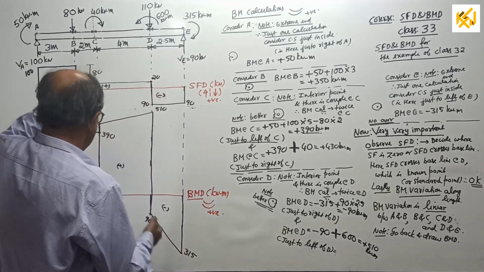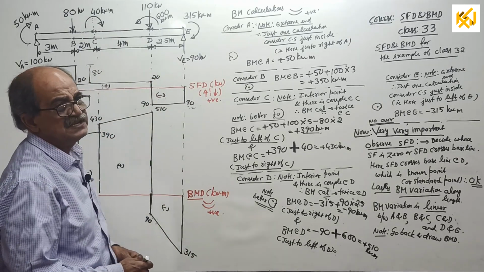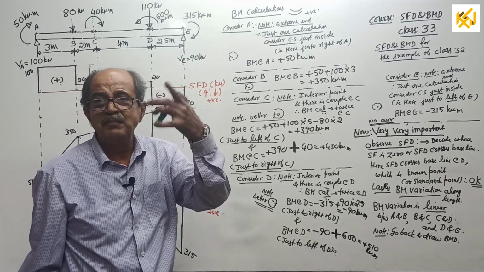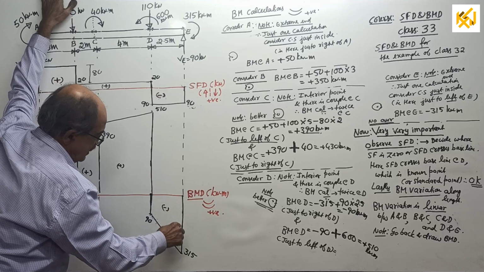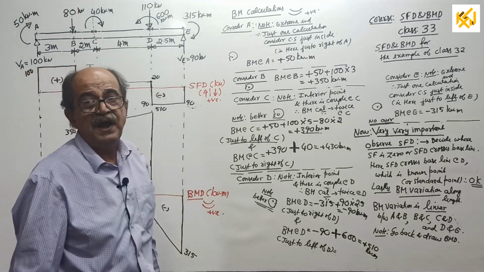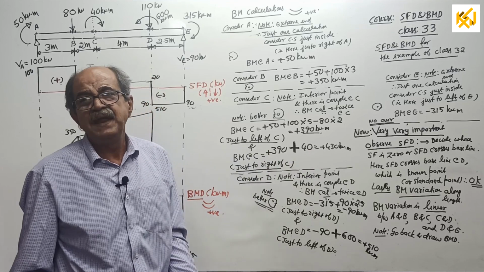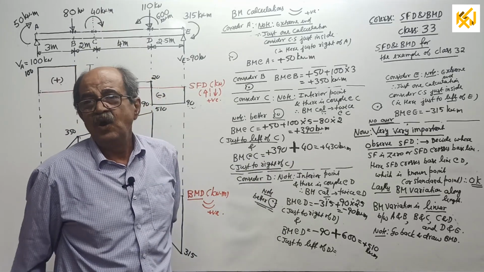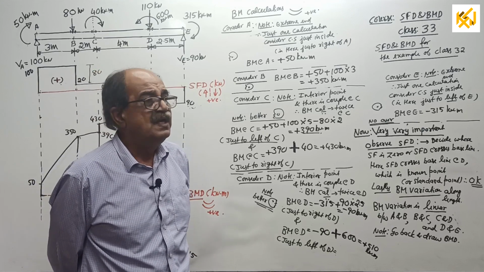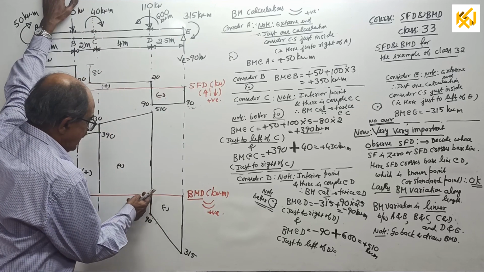Fortunately today's class this point is already known, therefore we will not discuss more about that because it will come later. By chance if the diagram comes this way, I would have located that point also, because I do not want any incomplete. You can make a note. The point where BMD crosses baseline, or where BM is 0, that is called point of counterflexion. It is there, a known point.